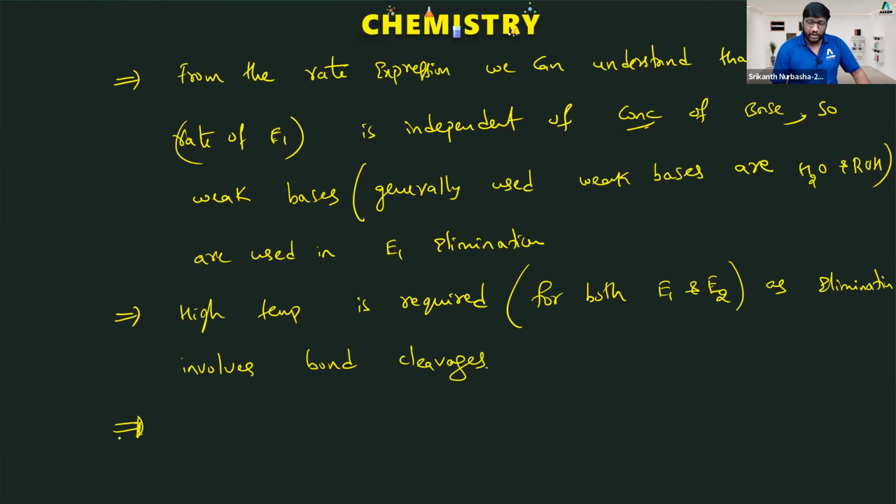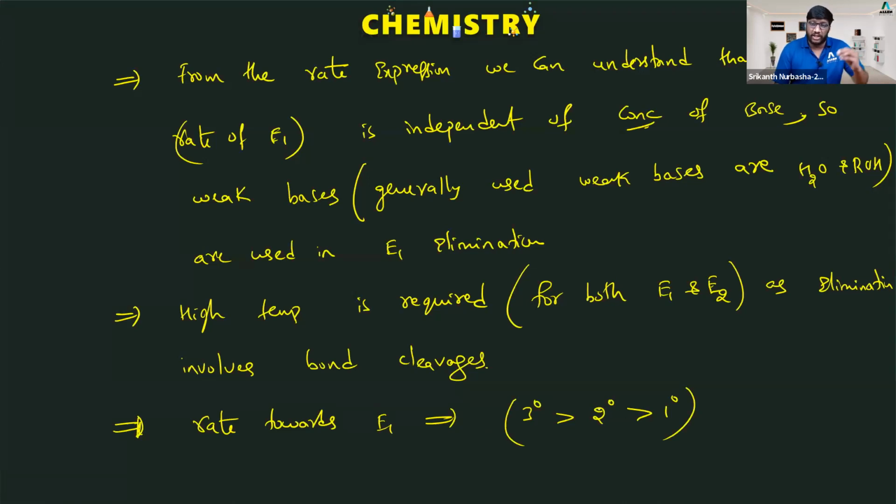What is the next point which you can think of? The rate with different alkyl halides. If I change the alkyl halide, tertiary, secondary, primary, which will undergo E1 greatly? Tertiary alkyl halide will undergo E1 greatly, then secondary, then primary.